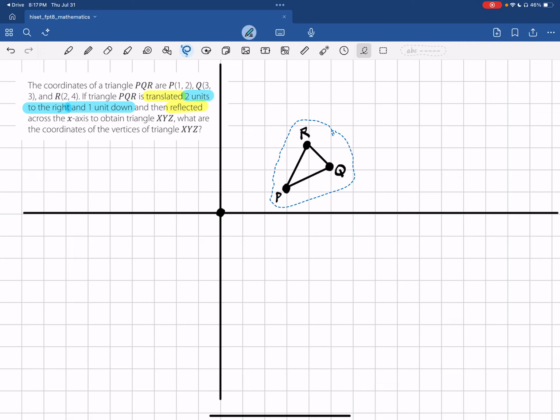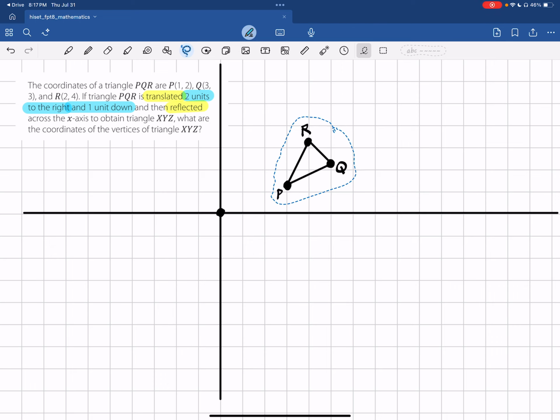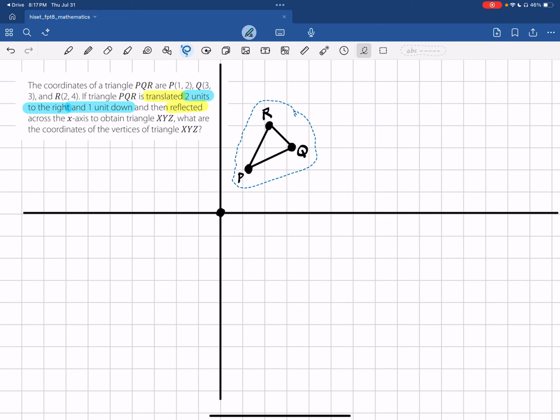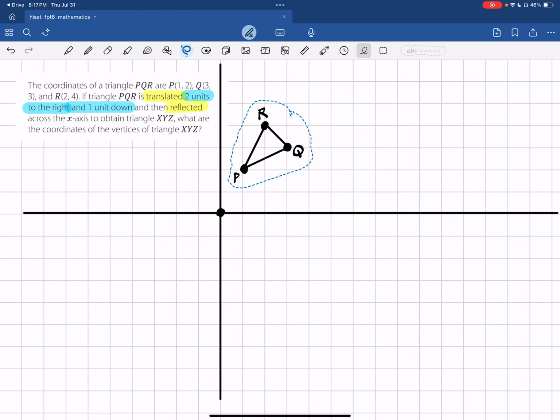So we're taking it from its original place and we're moving it over. That's translating. Moving it over and down. You could go this way and down. You could move it wherever you want to. But in this particular case, it says it's moving over 2 and down 1.